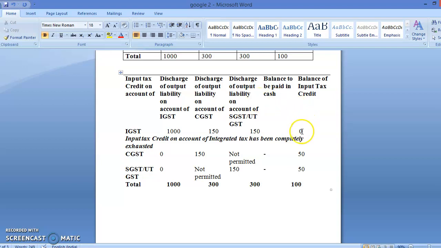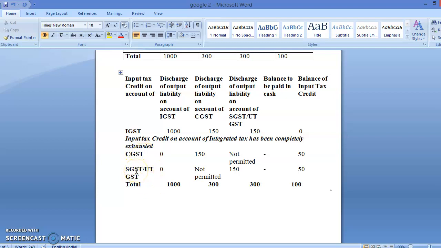So remaining IGST you can see is 0. Once the IGST input tax credit is completely utilized and exhausted, you can go to the available CGST credit. Here, out of 300 CGST liability, I've already cleared 150 out of IGST. The remaining 150 I've utilized from CGST credit available.